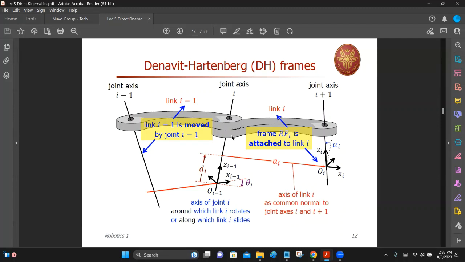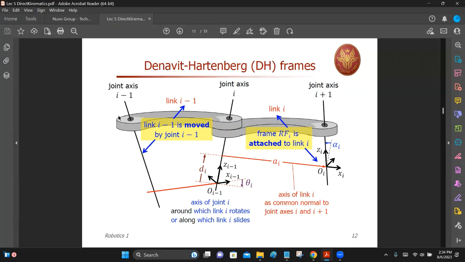In this particular case, link I is actually lower than link I minus 1. But mathematically speaking, that's not an issue here. And as you already know, the link follows the joint. So therefore, the lower end of the link is the joint. So link I minus 1 is this one. The joint I minus 1 is at the lower end of the manipulator.